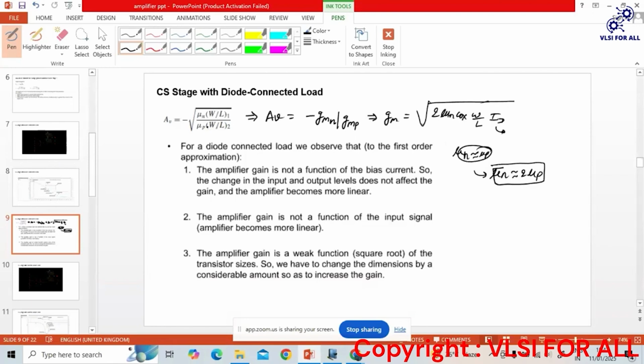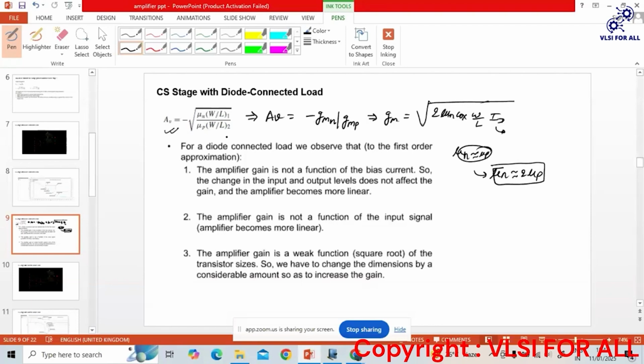So here, what will be the AV? AV equal to mu n divided by mu p into W by L of 1 and W by L of 2. So we can see that now this gain is not dependent upon the gm, right? This gain is dependent upon the W by L.